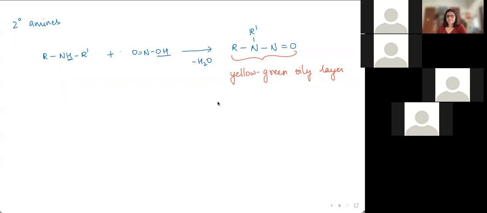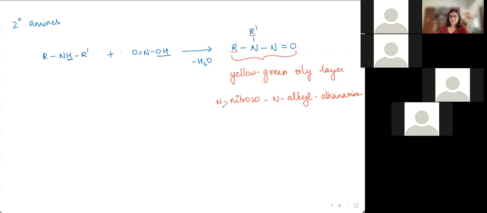Its name is N-nitroso N-alkyl amine, depending on the R and R dash that's present here.